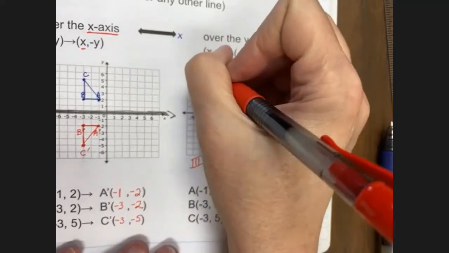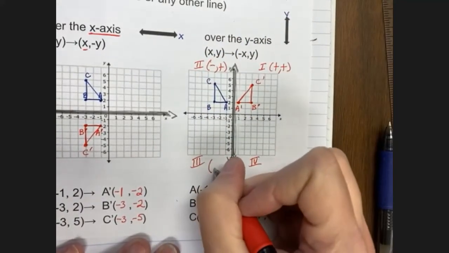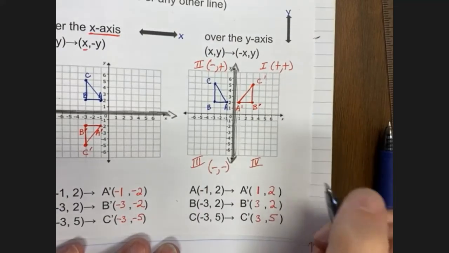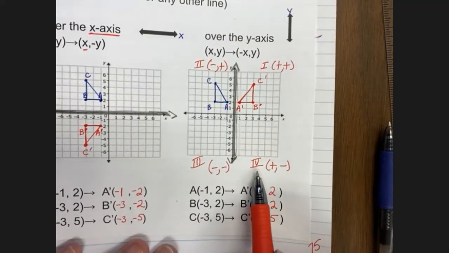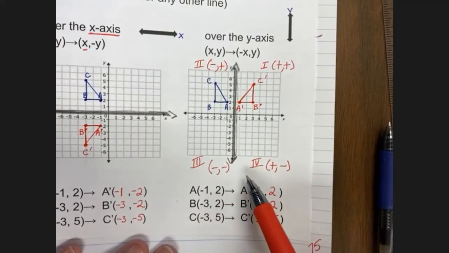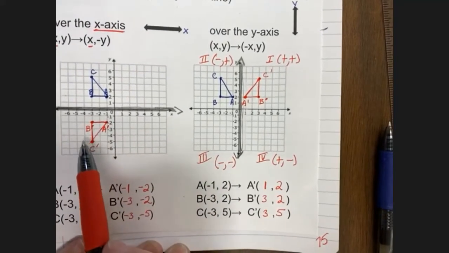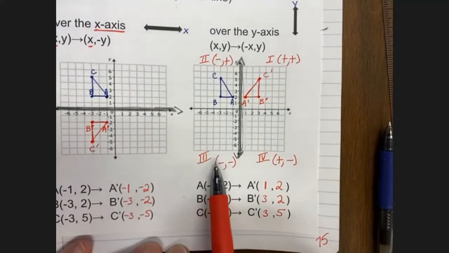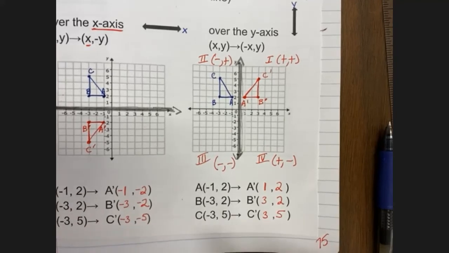This will always be my negative positive quadrant. This down here will always be my negative quadrant, and this will always be my positive negative. And when you're on the STAR test, you can actually put this information on your paper just to remind yourself. But you can tell over here, this reflection was in quadrant 3, and 3 should be in the negative points, and it is. And so that's another way to check yourself.